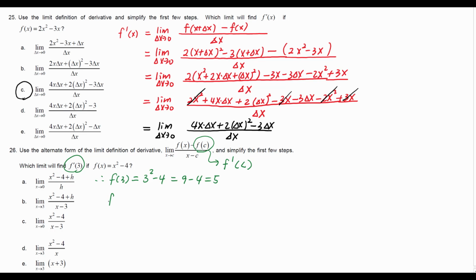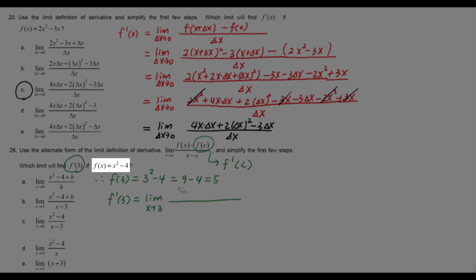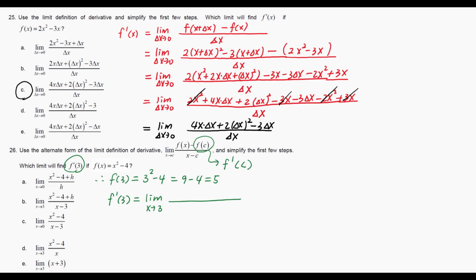So f prime of 3, according to the alternative definition, is limit as x approaches 3 of f of x, and our f of x is x squared minus 4, minus f of 3, and f of 3 we just found out is 5, over x minus 3, since our c is 3.